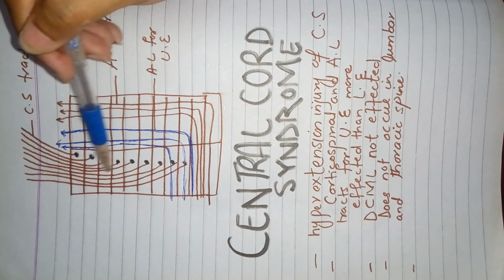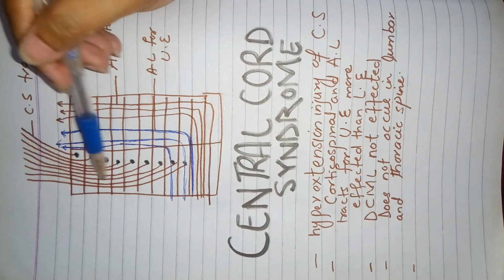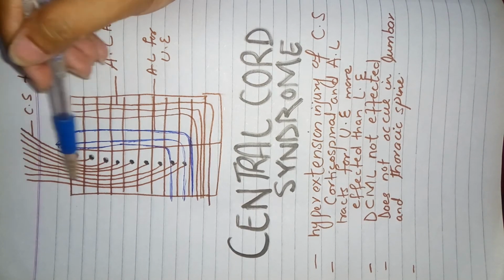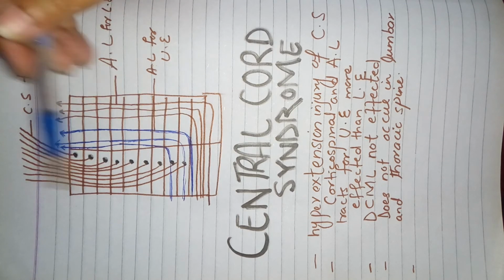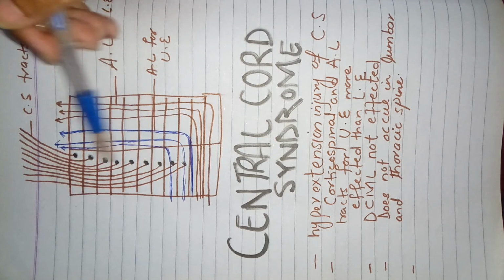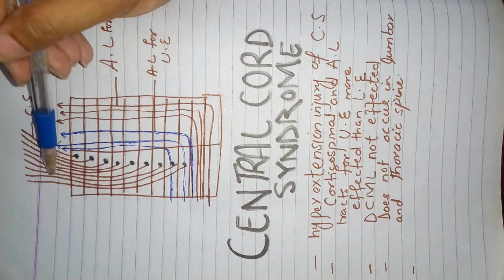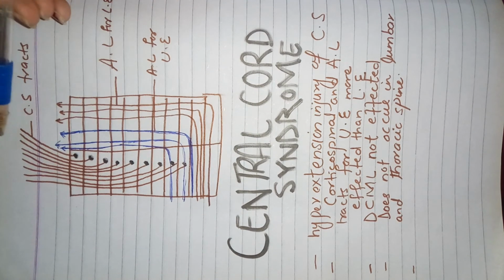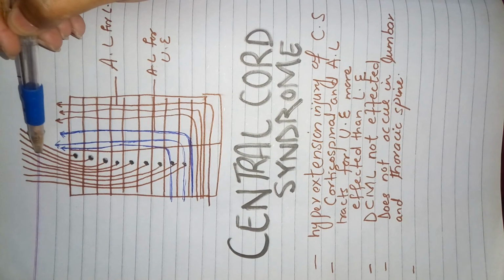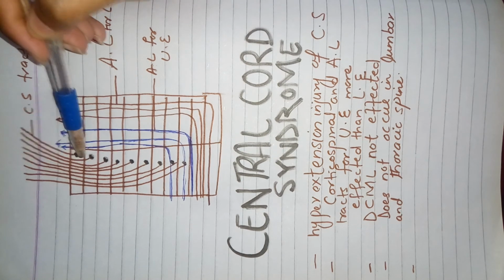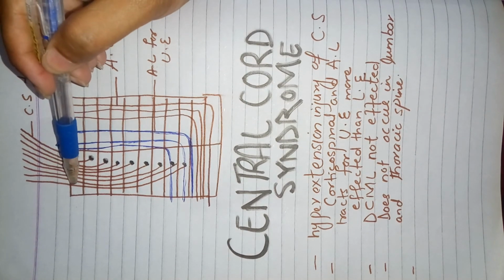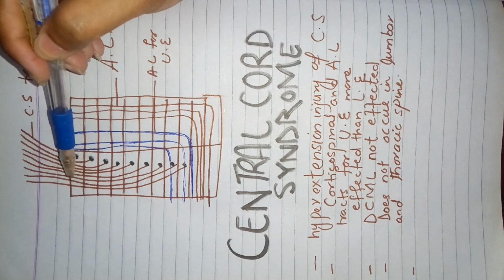As we move laterally, there are corticospinal tracts for the lower extremity, or towards the lumbar region. As we move lower, the corticospinal tracts are present more laterally. So the corticospinal tracts for the upper extremity are located more medially or centrally than the tracts for the lower extremity.